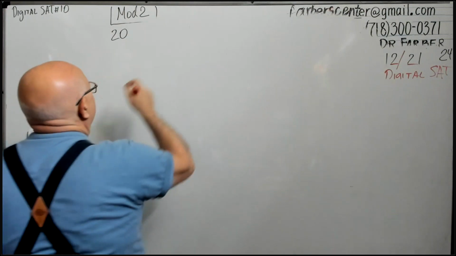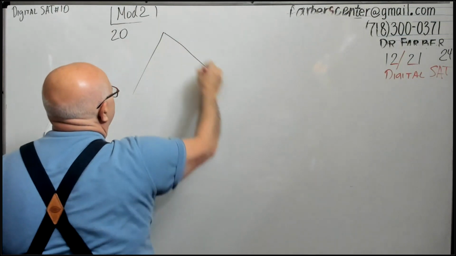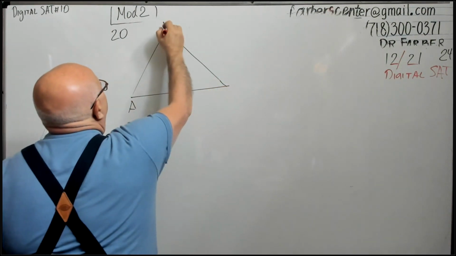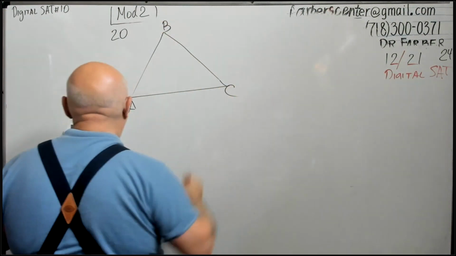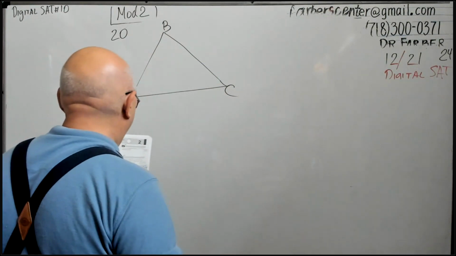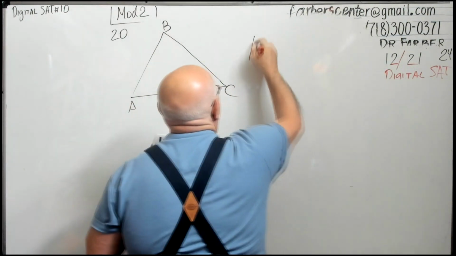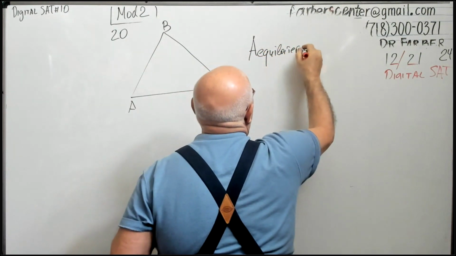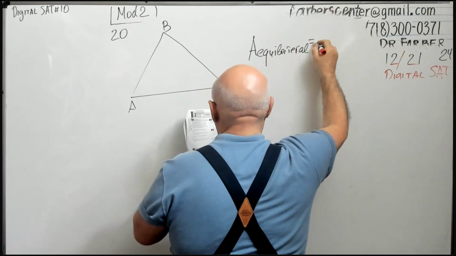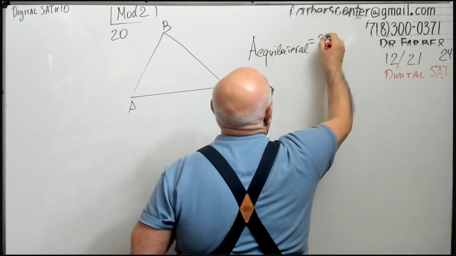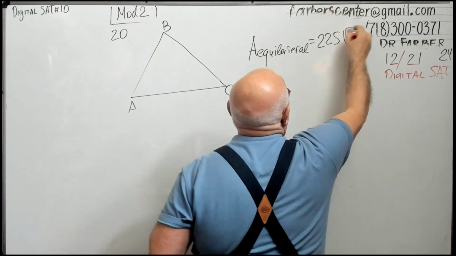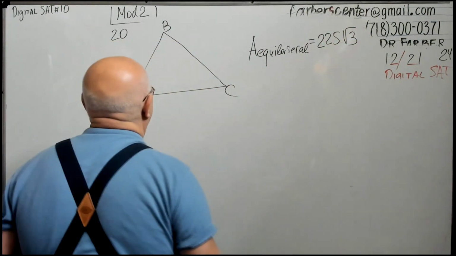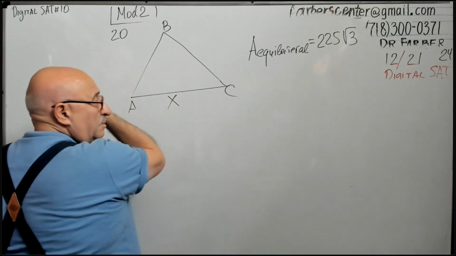Area of an equilateral triangle. Pretend this is equilateral triangle ABC, and the area equals 225 square root of 3. What is the length of the side?